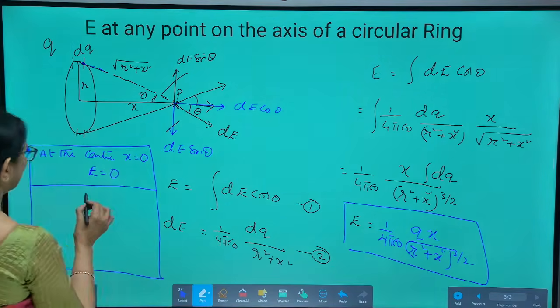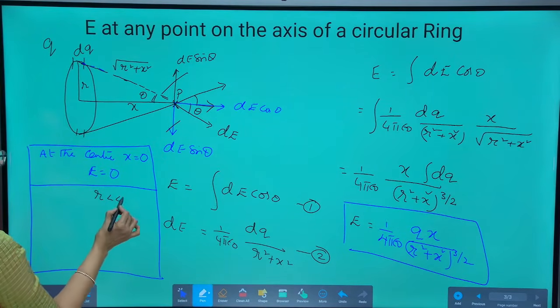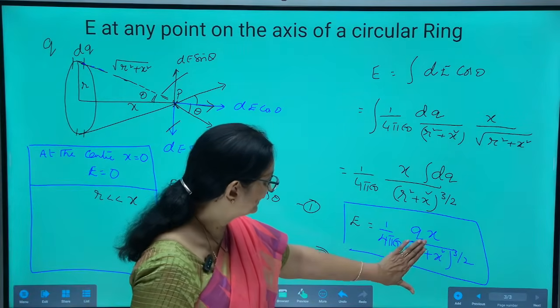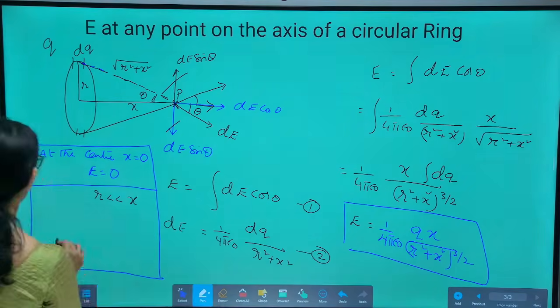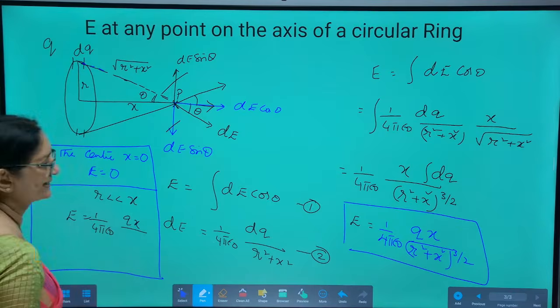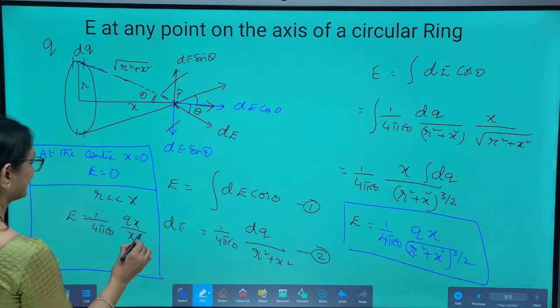If it is a small ring and x is large, r is negligibly small when compared to x. What happens? This r is neglected here. So, it becomes E is equal to 1 by 4 pi epsilon naught, Q x by x square to the power of 3 by 2, which is x cube.